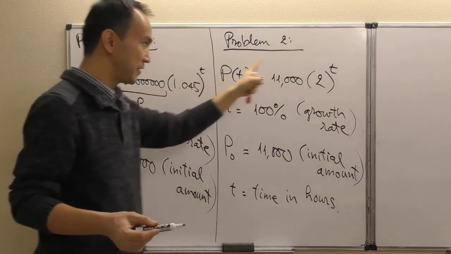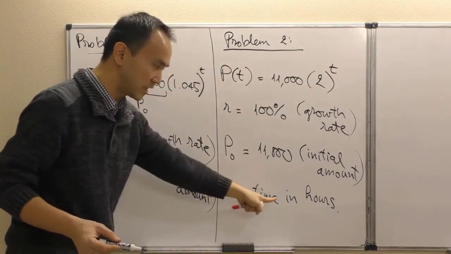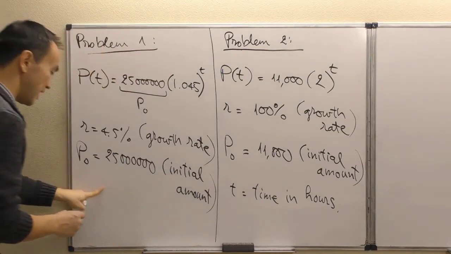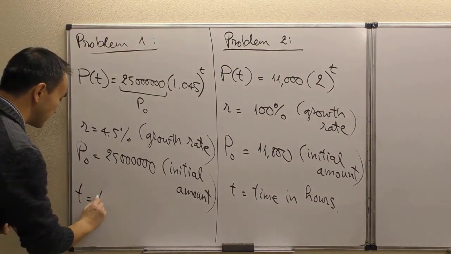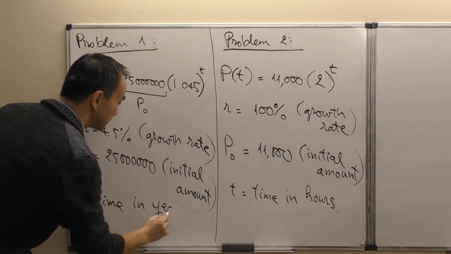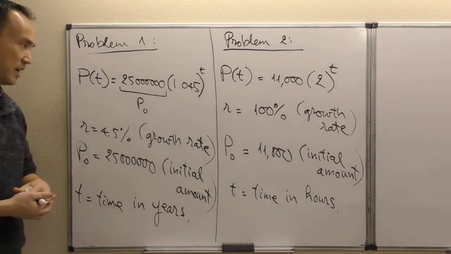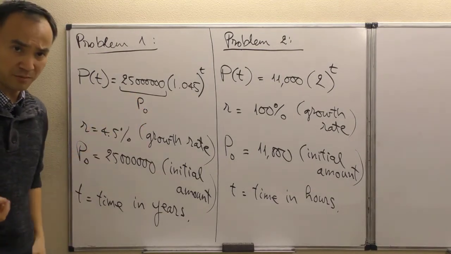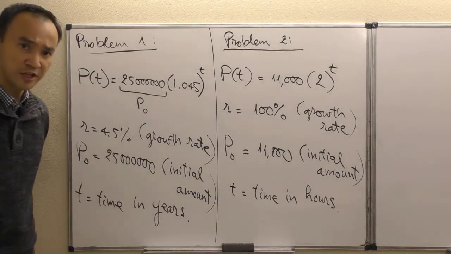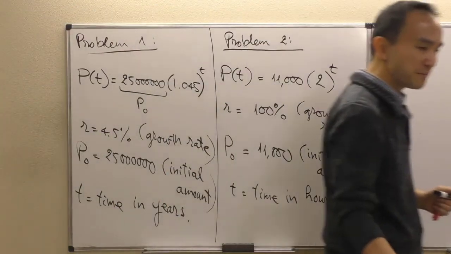See, time variable, time variable. But time in problem number 2 was in hours, whereas here t is again time, but in years, because it takes some number of years for a population of humans in a country to grow. And then we came to problem number 3.